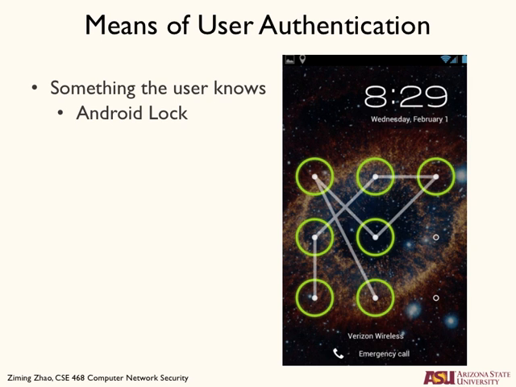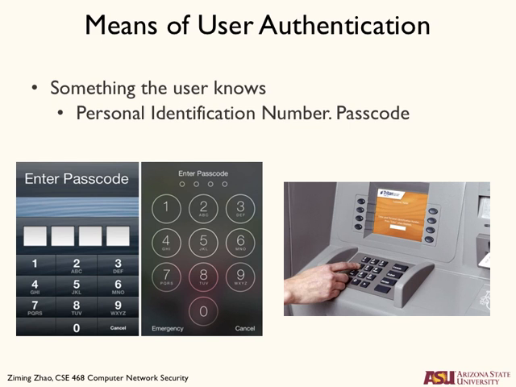If you use Android, Android has a pattern lock, so you can connect dots as your password. If you use iPhone or ATM, you can enter a PIN number, or iPhone calls it a passcode. Basically they are the same thing. For all those something-the-user-knows methods, the user has to share this secret with the verifier.